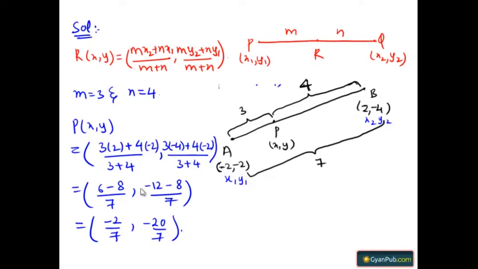Hence, the coordinates of the point P are minus 2 by 7, comma, minus 20 by 7.